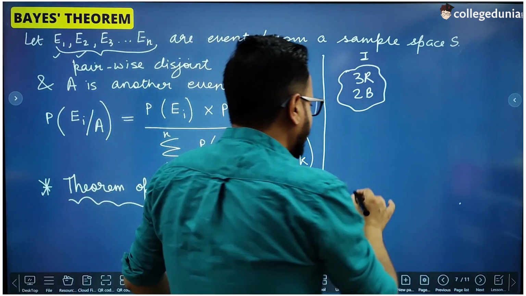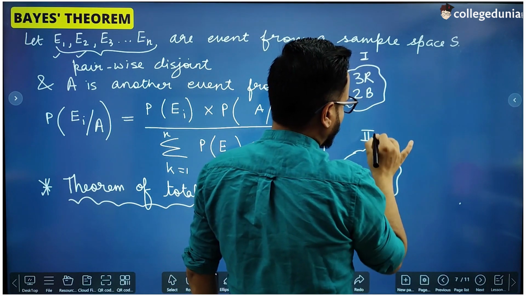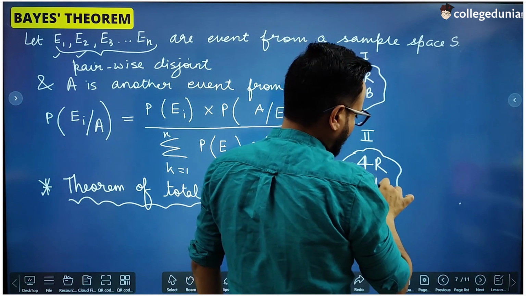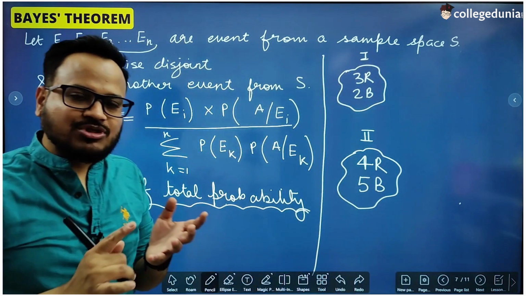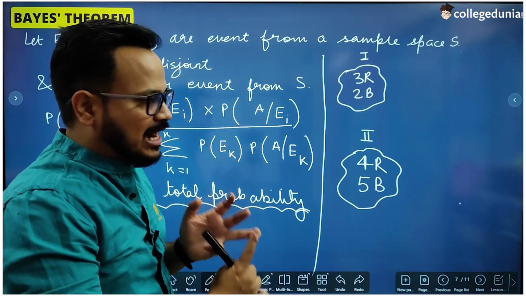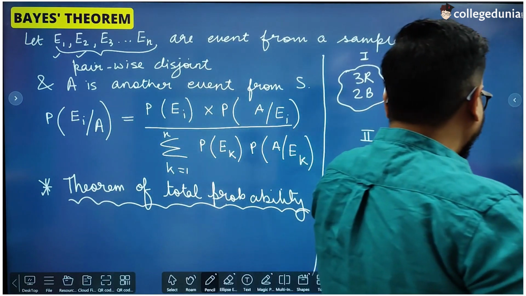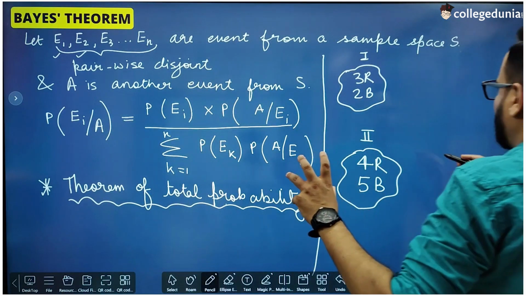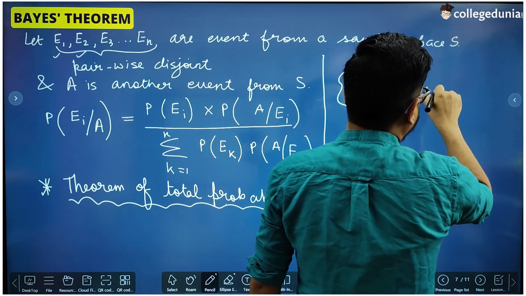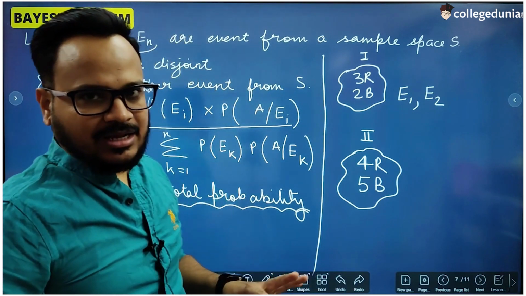But now in case of the theorem of total probability, there are two bags. We have to select one bag at random and then we have to draw a red ball from that bag. So what is the probability, right? So what we will do, suppose E1, E2 are two events of selecting the bag, right?